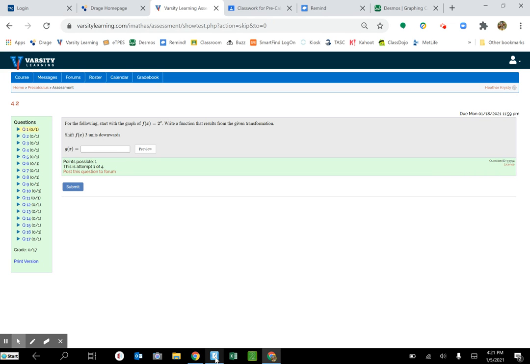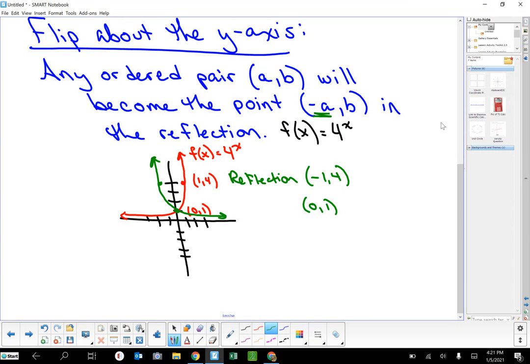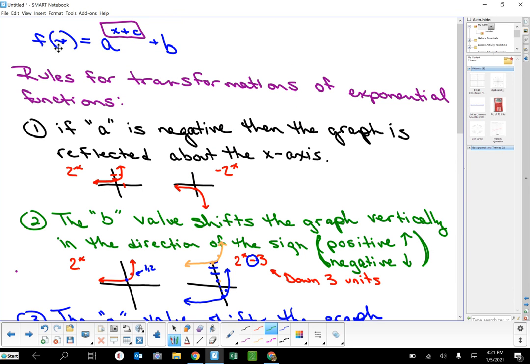So going back to the notes, we can shift something up or down, vertical, looking at the green here. The B shifts the graph up or down. So if we want to go 3 units down, we want to just put a -3 after whatever the base is to the x power.